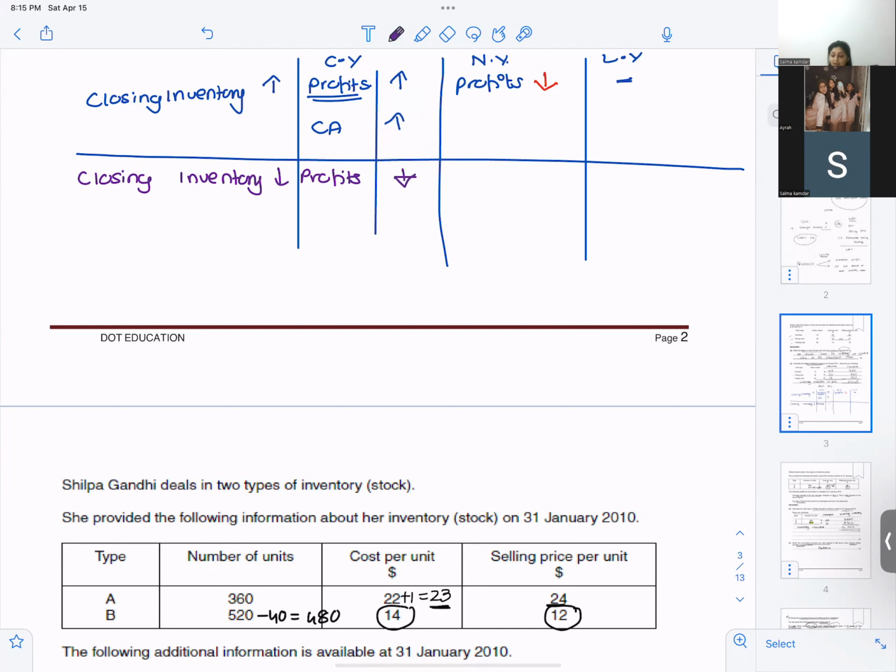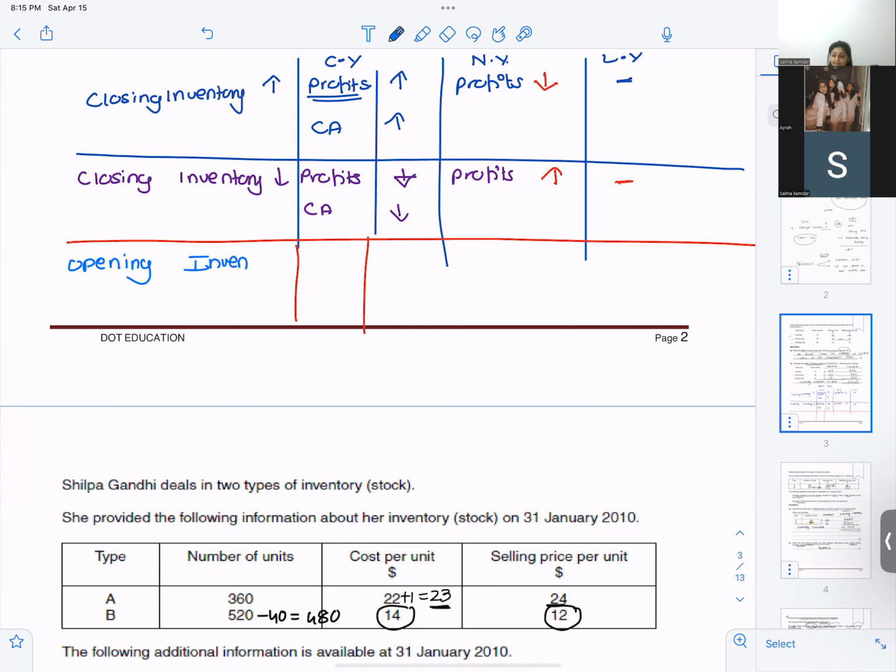Opening inventory shares an opposite relationship. If opening inventory is overstated, then profits of the current year will be understated. Your current assets, no effect.